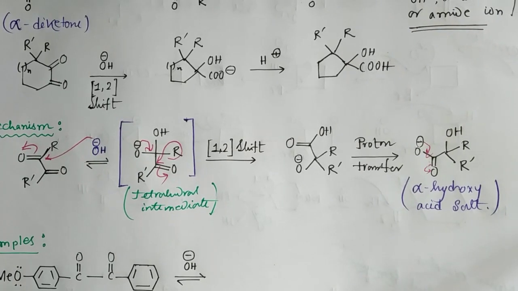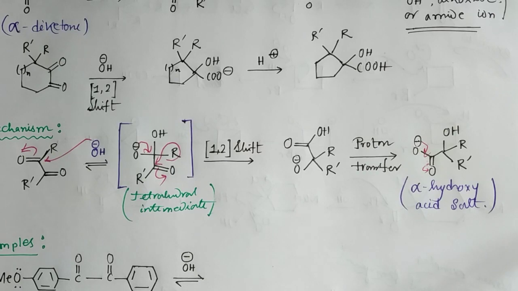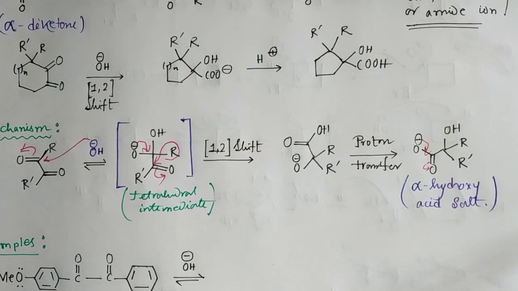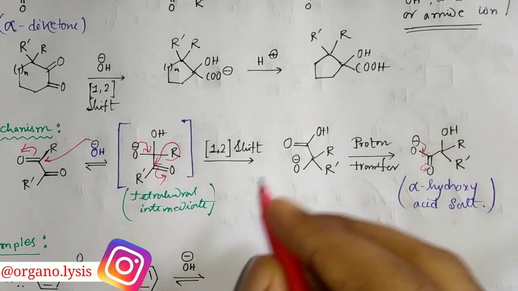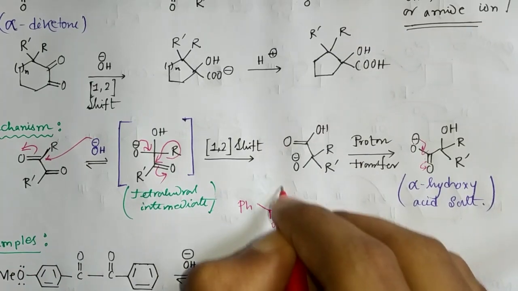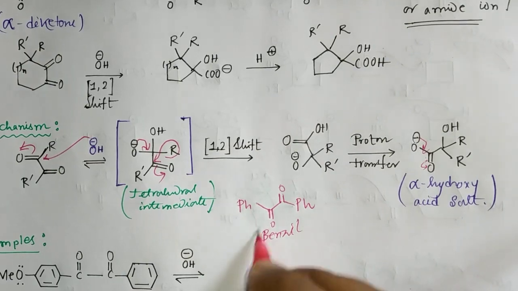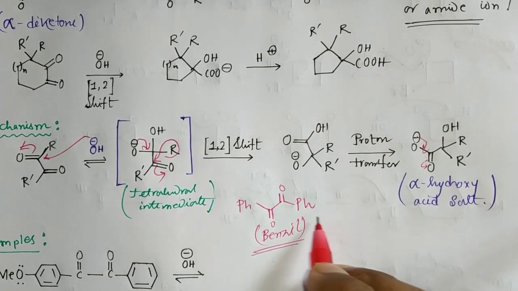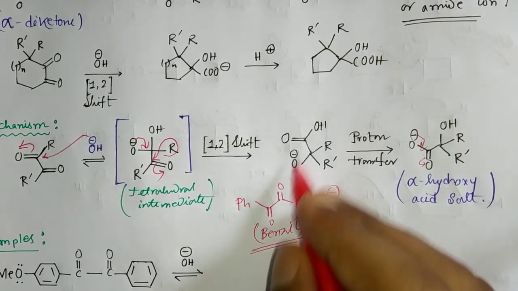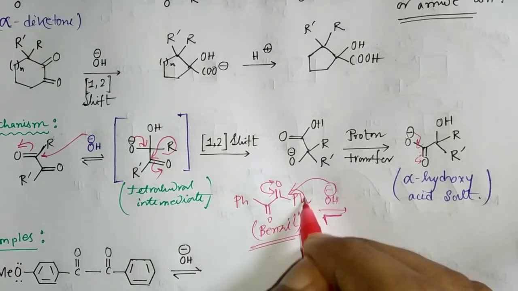Now see why the name of this reaction is benzilic acid rearrangement and not anything else. The first studied 1,2-diketone is benzil. What is the structure of benzil? I have written it over here. If we treat this benzil with OH minus, after the rearrangement it attacks over here, and the phenyl migrates to this center.